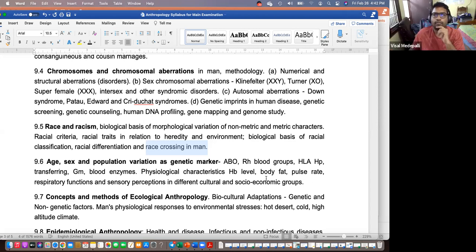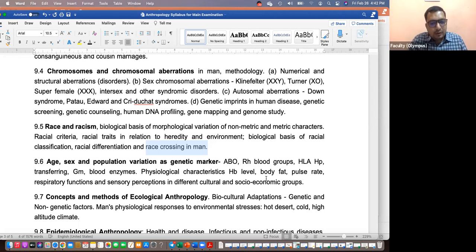I think it's a classification of a group of people based on similar physical features and maybe some genetic features as well. So it's like classifying humans into different subgroups based on some distinctive features.